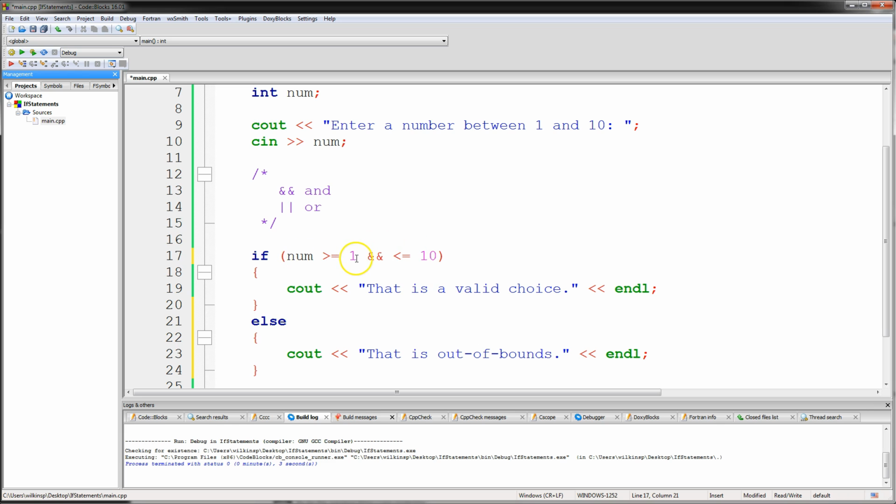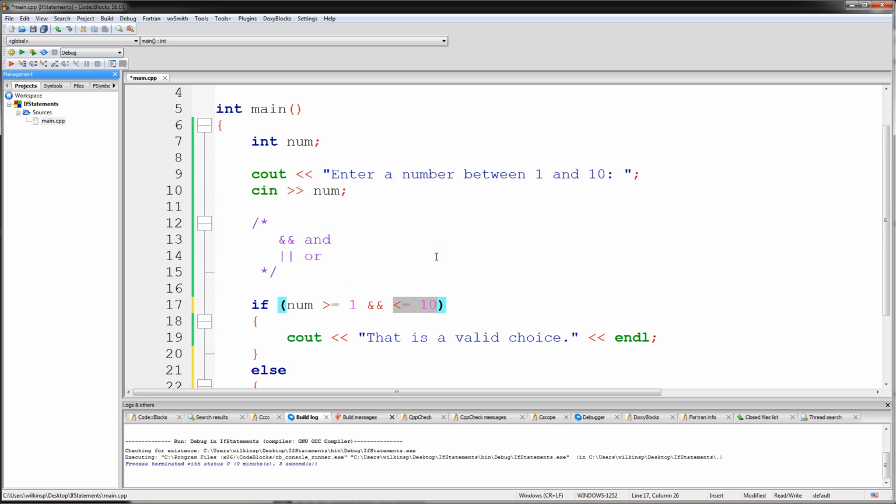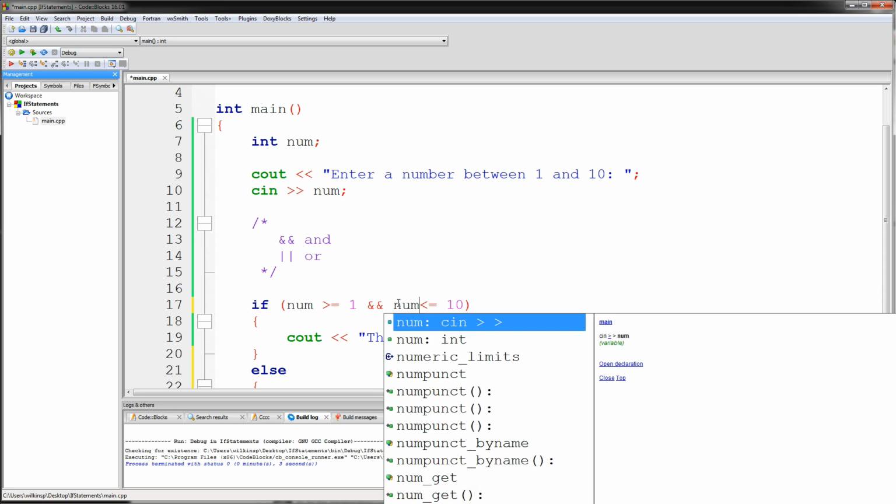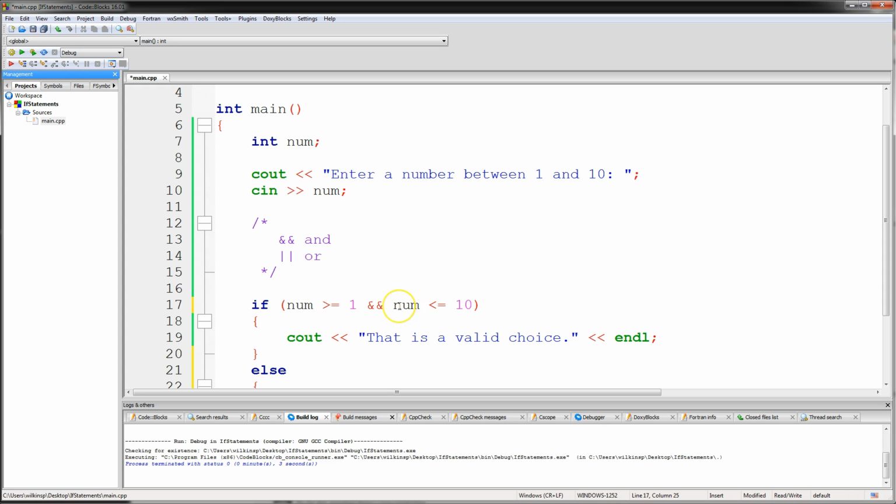So num greater than or equal to 1 is valid, that stands on its own. But less than or equal to 10 is not a complete expression by itself. Less than or equal to 10 what, is what the compiler asks. So even though from an English perspective this is redundant, you really do need that num on both sides because they both have to be standalone values.